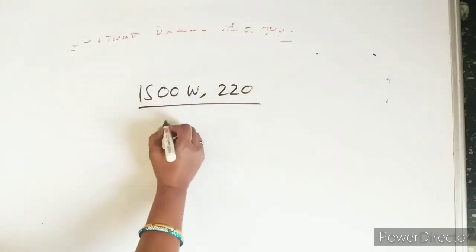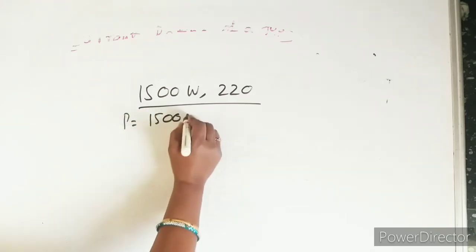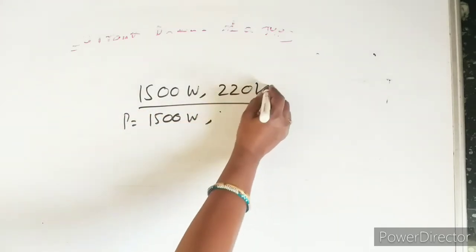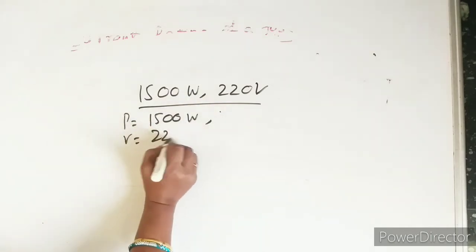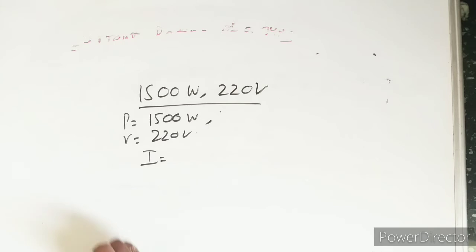It means the power of the appliance is 1500 watt and the voltage is 220 volt. Now the question arises, how much current can it draw?